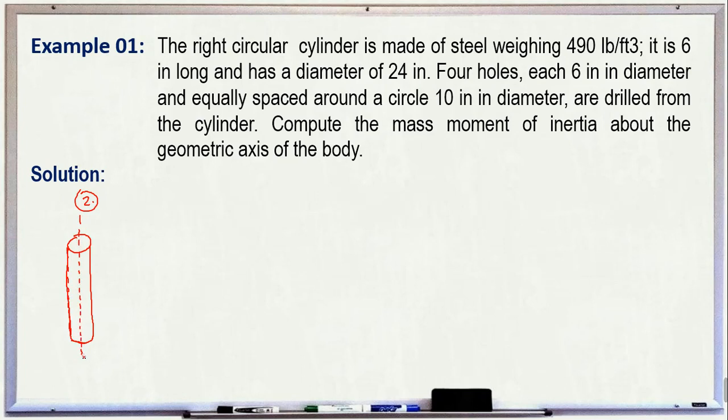However, this is not our inertial axis or the axis of inertia. Let's just call it the centroidal axis O. Our axis of inertia is this one. Okay? This is the axis of inertia, which we labeled as the z-axis because this is the axis of the huge cylinder.